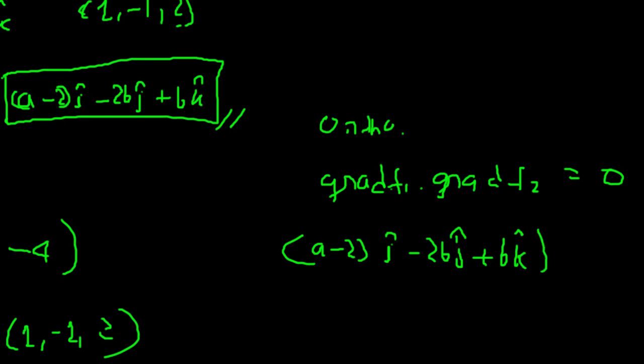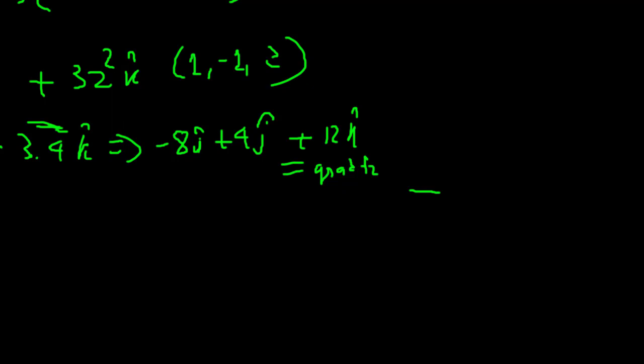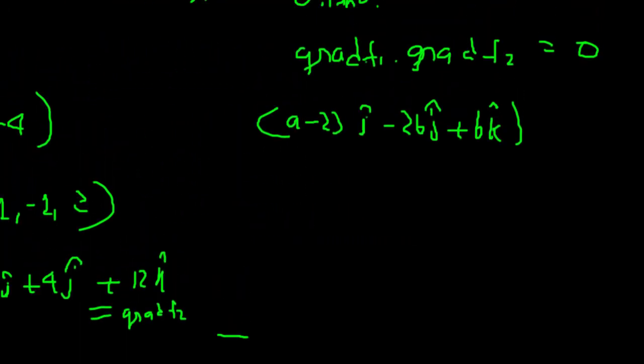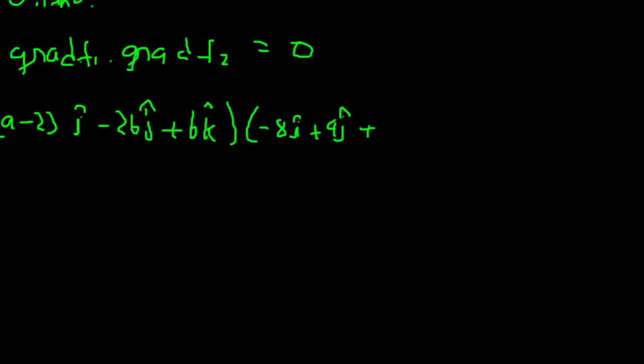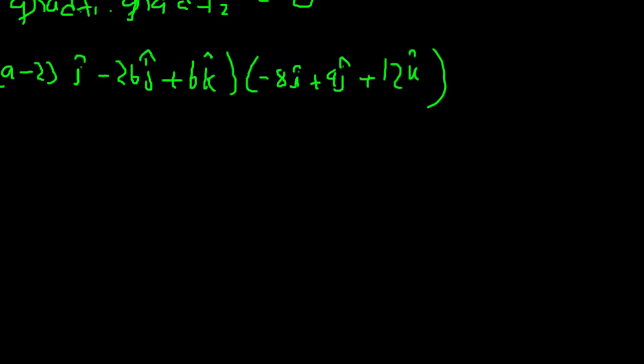At the same time, the value of gradient of f2 was that, which I simplified, very basic simplification for you guys, so you should give a thumbs up for that. That was minus 4j cap plus 12 k cap.